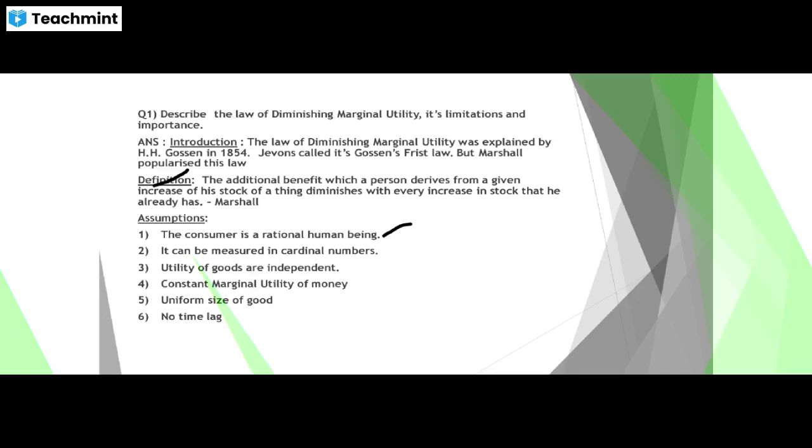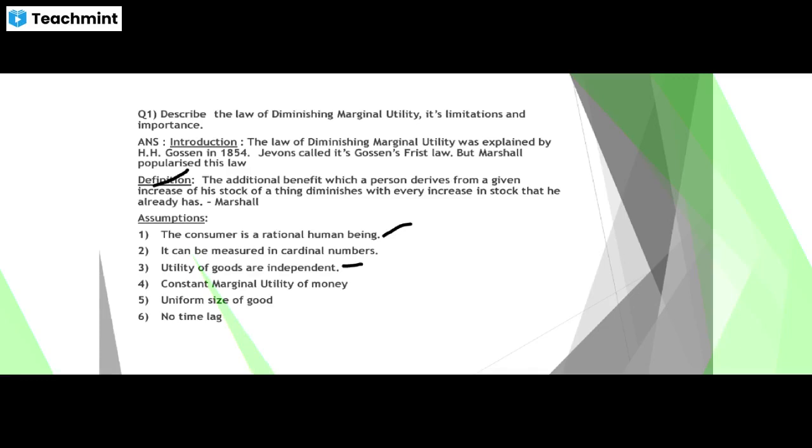And the third one is that utility of goods is independent. That means a good's utility depends on that good only, not on other goods. Example, apple utility will depend on that apple's sweetness and size. It will not depend on other fruits.